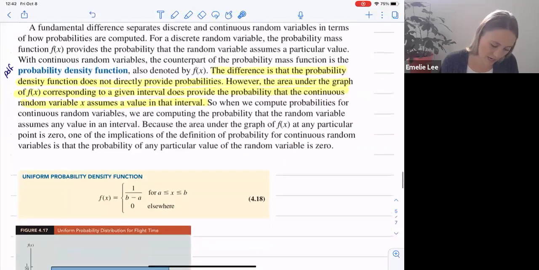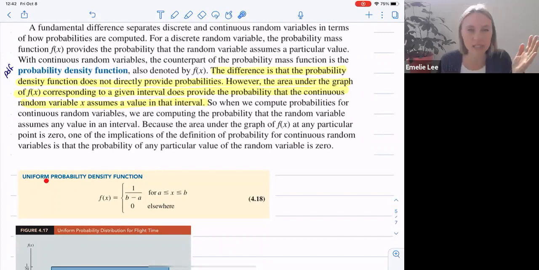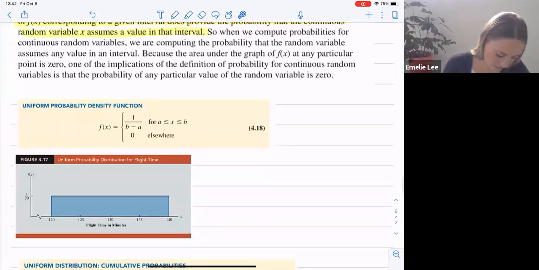Now for this probability density function, we're going to start by talking about the uniform, which we saw in the discrete case, but now in the same situation where each outcome is equally likely to happen across some continuum. It might look something like this.